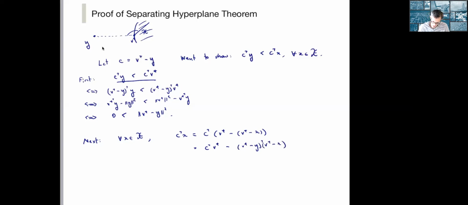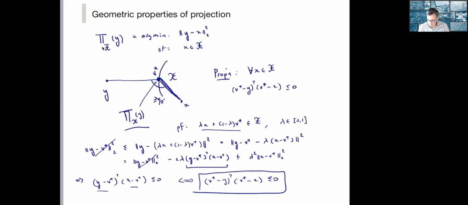We know that c transpose v star is greater than c transpose y, and we can just stop there because v star minus y transpose v star minus x, flipping back, is exactly something that's less than or equal to 0.